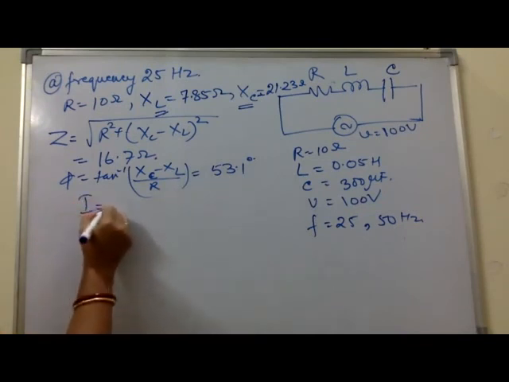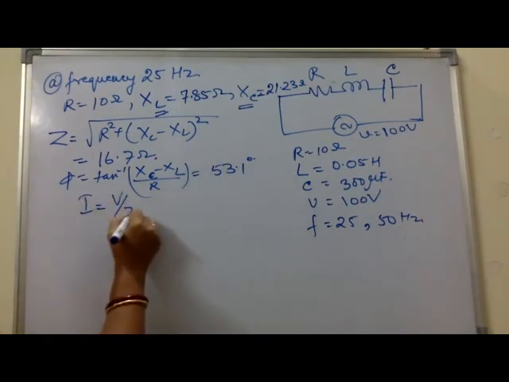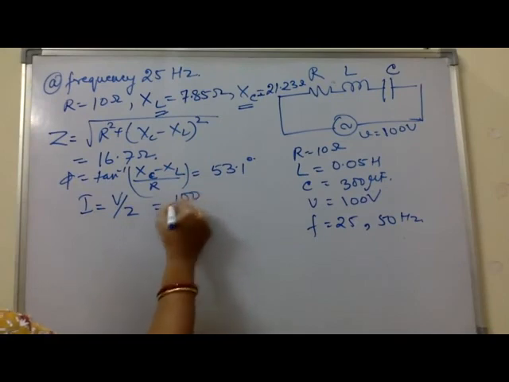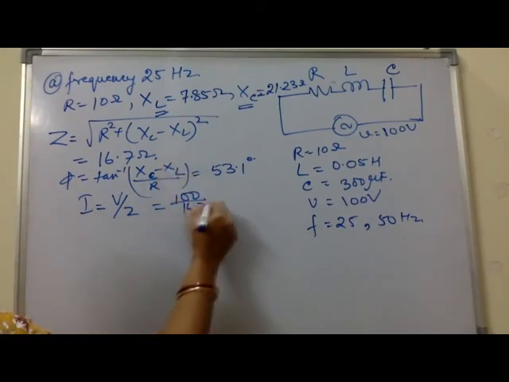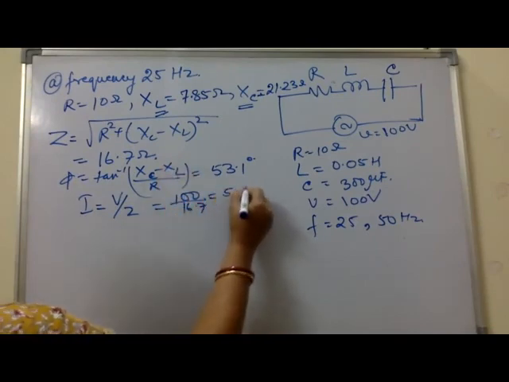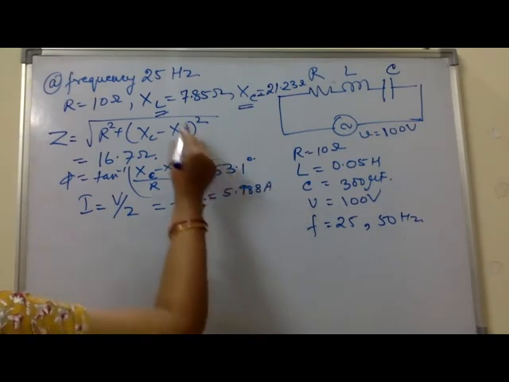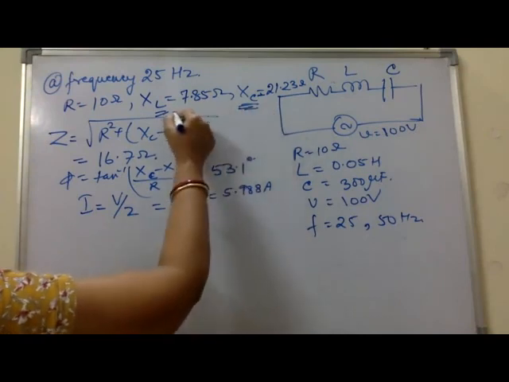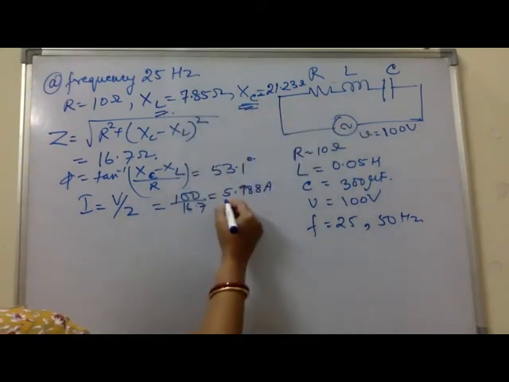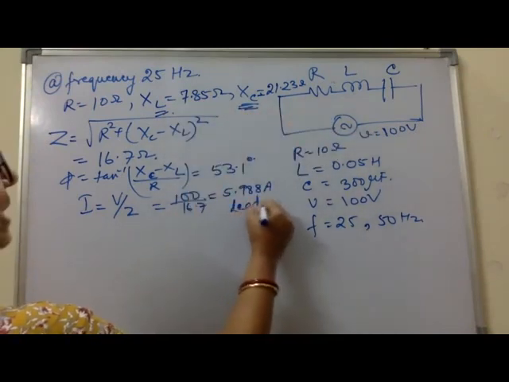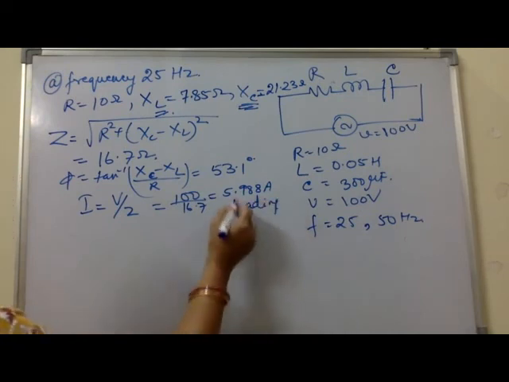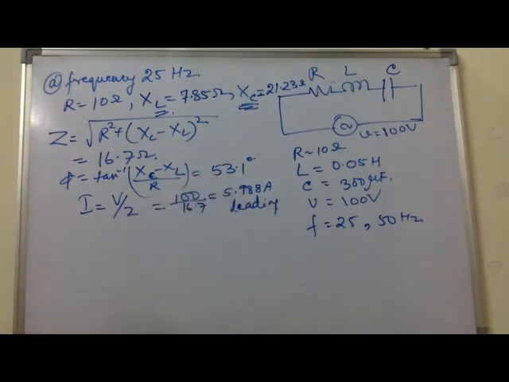And the current will be V by Z, that will be 100 divided by 16.7, it is 5.988 amperes. Because XC is greater than XL, the circuit is capacitive, and so the current will be leading the voltage by an angle of 53.1 degrees.